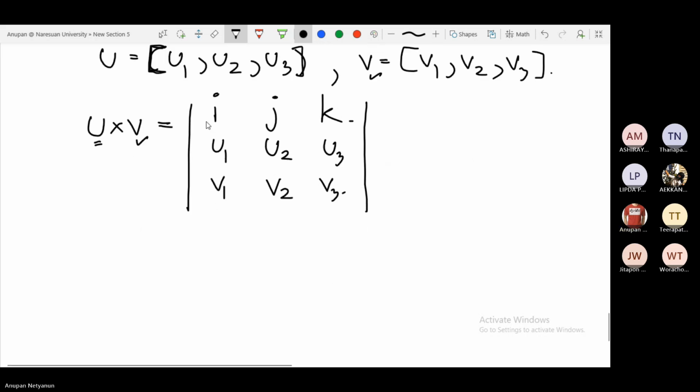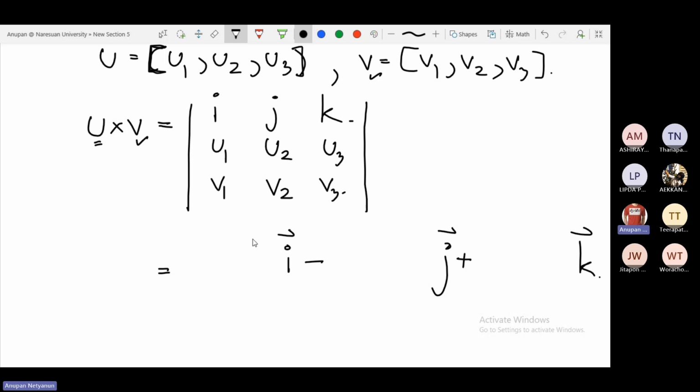Okay. Now, to find the determinant of this, you just write i, j, k. Okay. And then once you write this, you should have plus, minus, and plus. Alternate the sign, starting from plus, and then alternate to minus, and then plus. Okay.